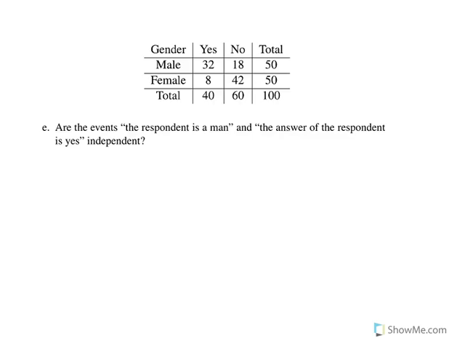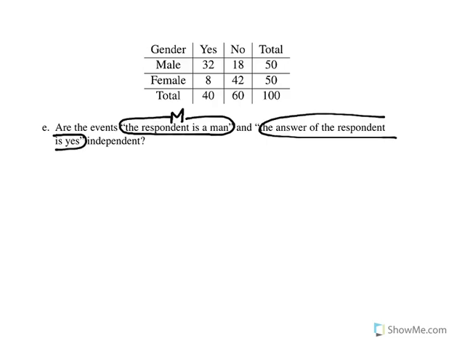Okay, again, we are going to solve this question using a different method. Remember that the respondent is a male, we call it M, and the answer of the respondent is yes, we call it Y, the event. So are they independent? You can check it this way.